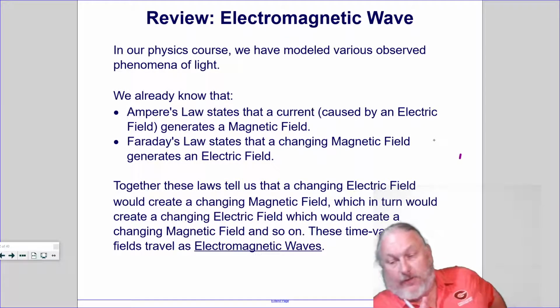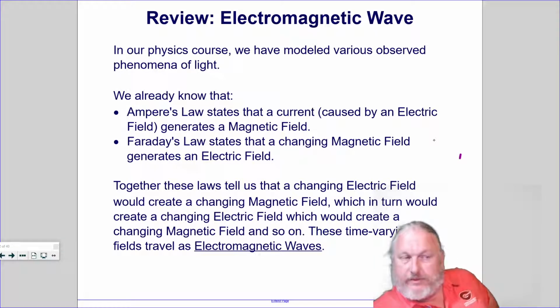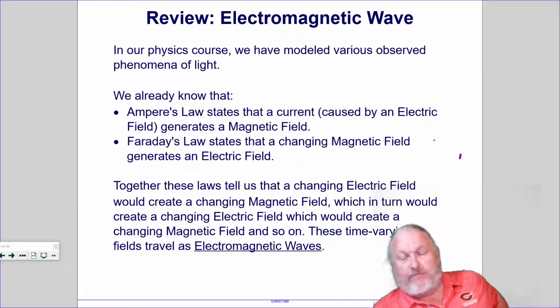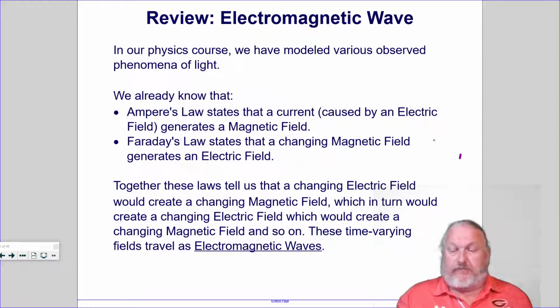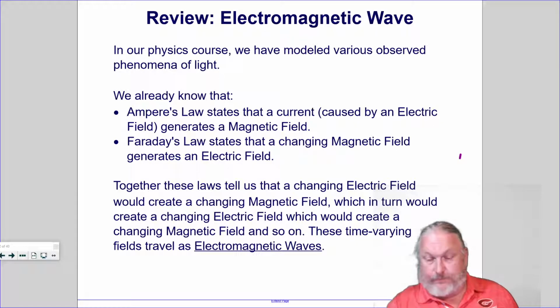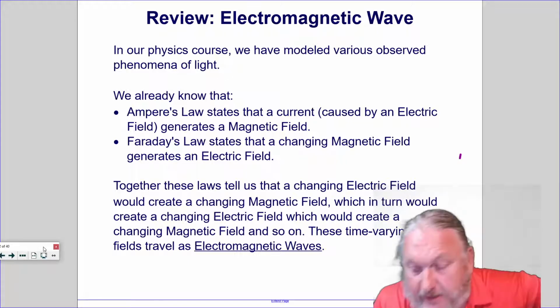Some phenomena of light build on what we're doing, so we'll just mention this, just take them at face value. Ampere's law states that a current caused by an electric field generates a magnetic field. Faraday's law states that a changing magnetic field generates an electric current.